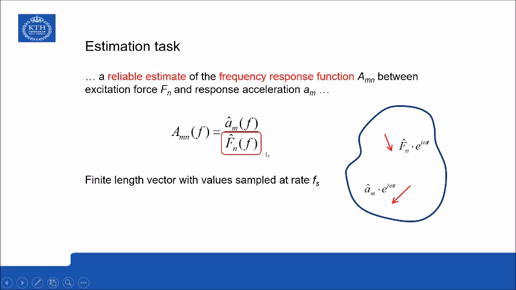And as we know from the previous presentations, both these signals, since they are measured normally with digital measurement systems, are finite length vectors with values sampled at certain time instances, at a specific sampling rate.